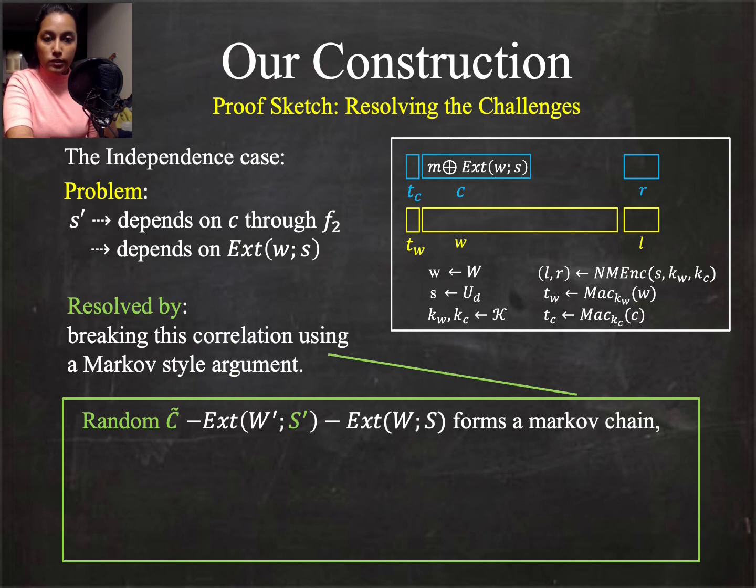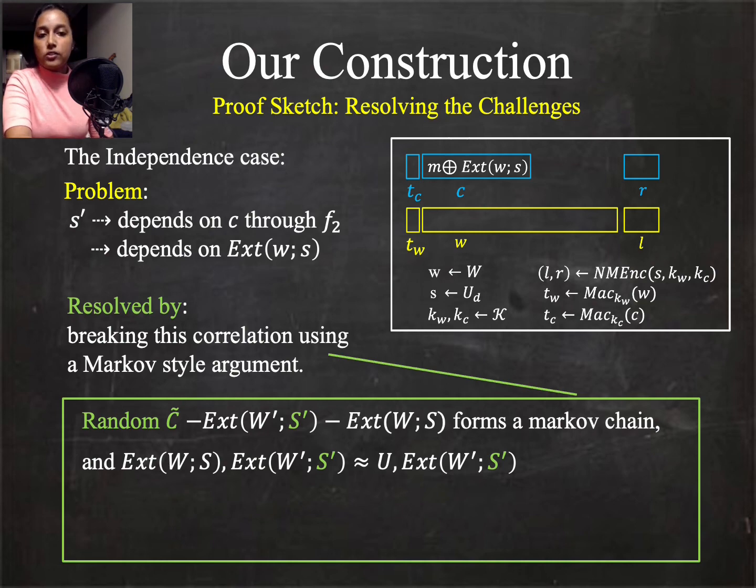This is easy to see. And now because I've gotten rid of the dependence on the actual C, I can use my extractor security as before and give out this extractor of W prime and S prime.